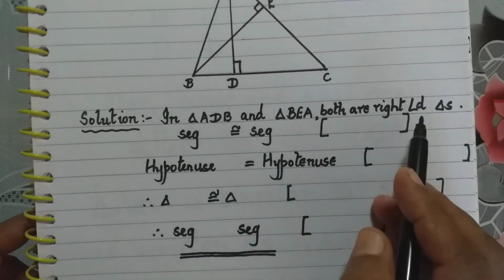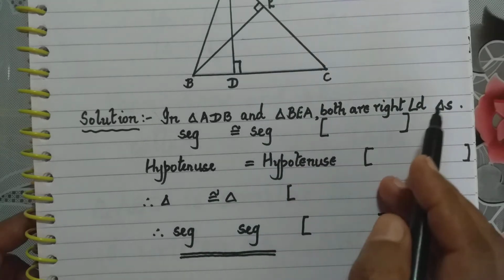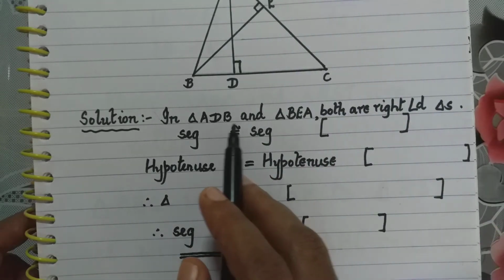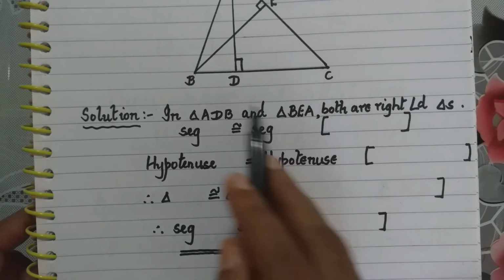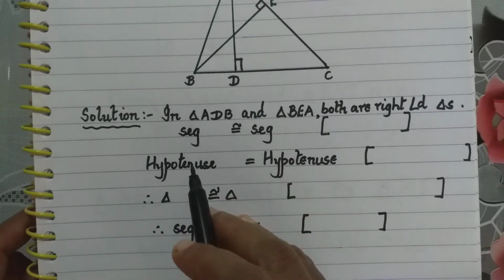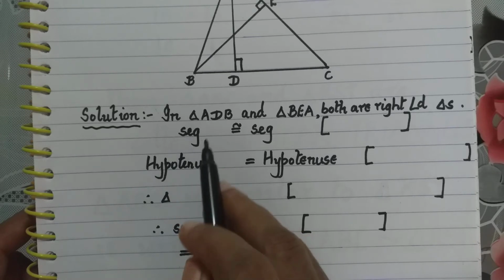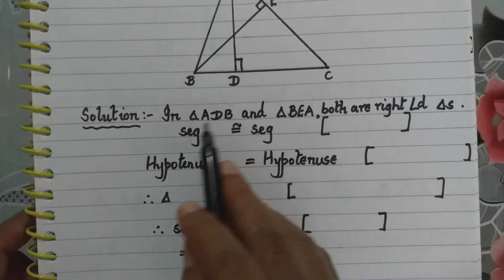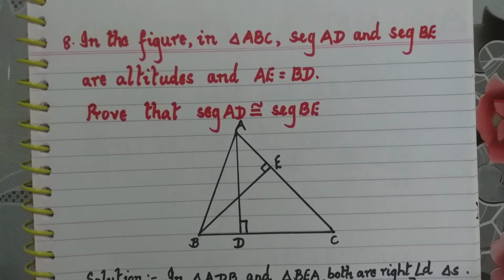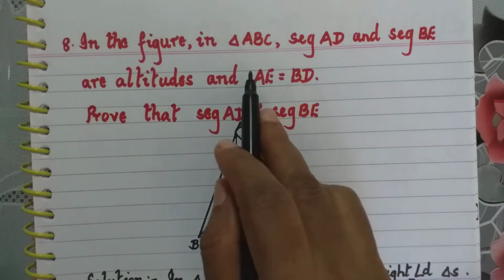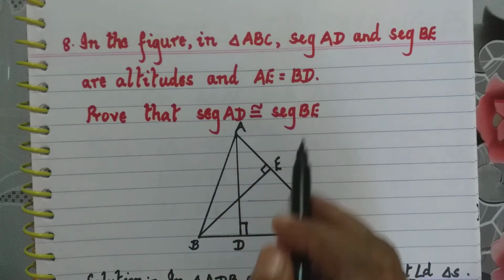Now why have I mentioned this? Because if they are right angled triangles, we know one test which proves that the two triangles are congruent, that is the hypotenuse side test. Now which pair of sides are congruent? They have already given us here that AE is equal to BD.